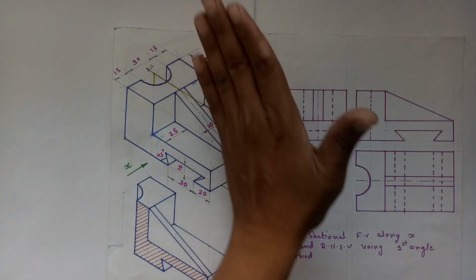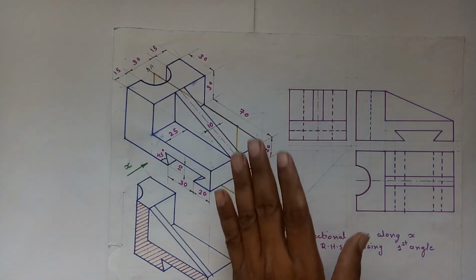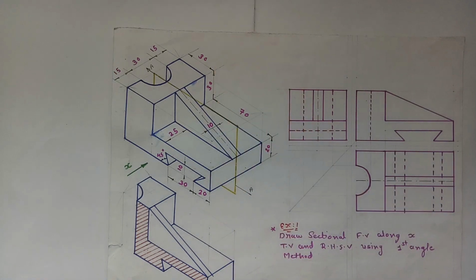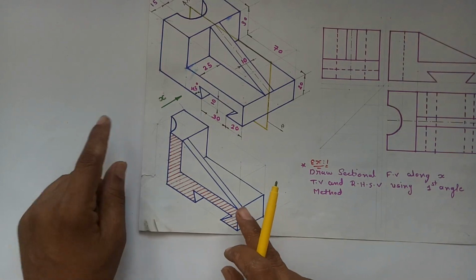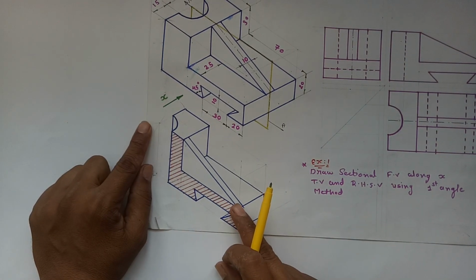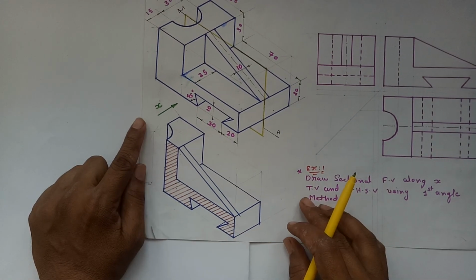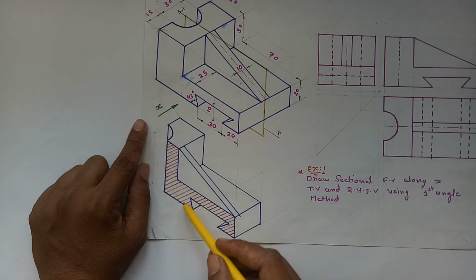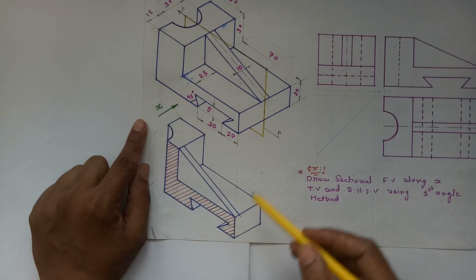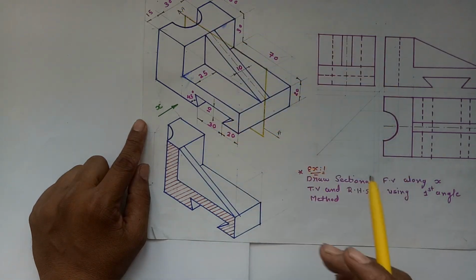After cutting the object by using the cutting plane, the section is generated like this, and we have to show the hatching lines in the part of the object which is in contact with the cutting plane.